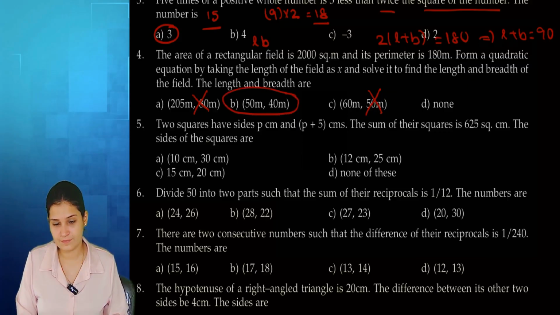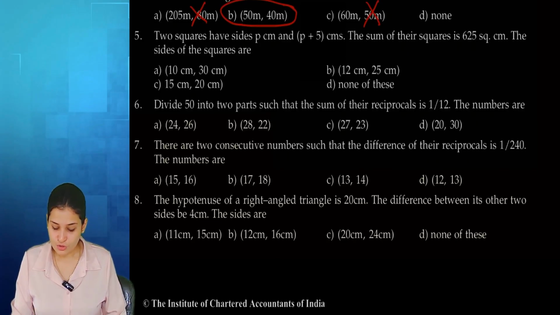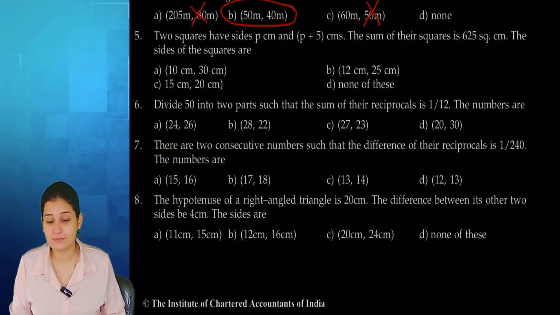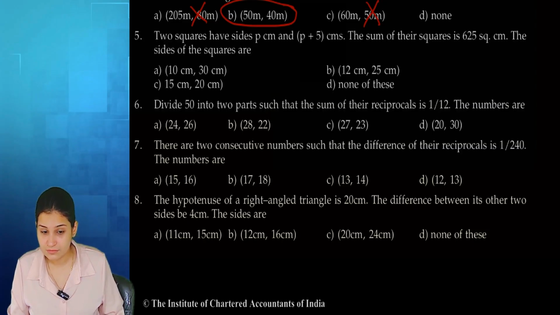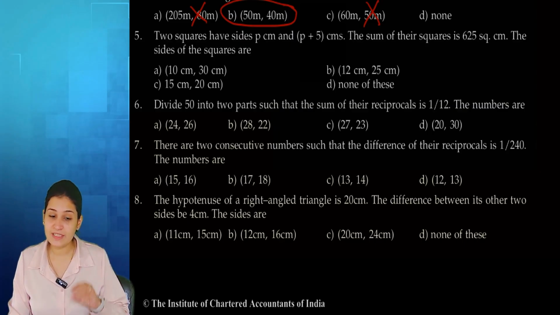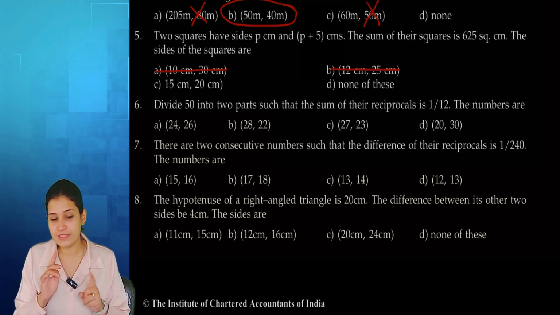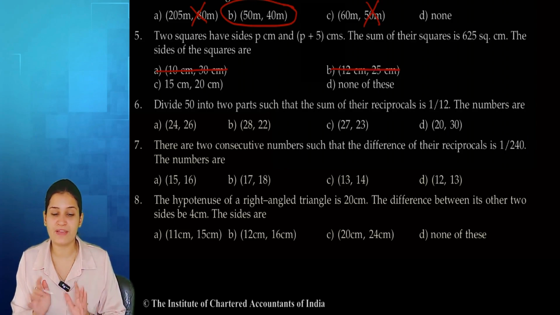Yes, ma'am. Done? Question number 5. Two squares have sides P and P plus 5. That means both of them should have a difference of 5 centimeter. So option A is incorrect, option B is incorrect, because the difference between the two lengths should be 5 centimeter.